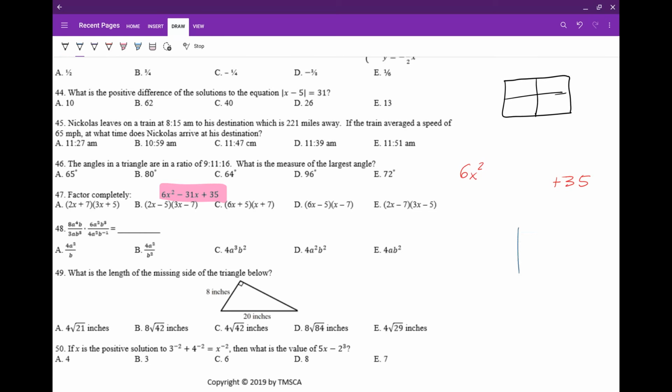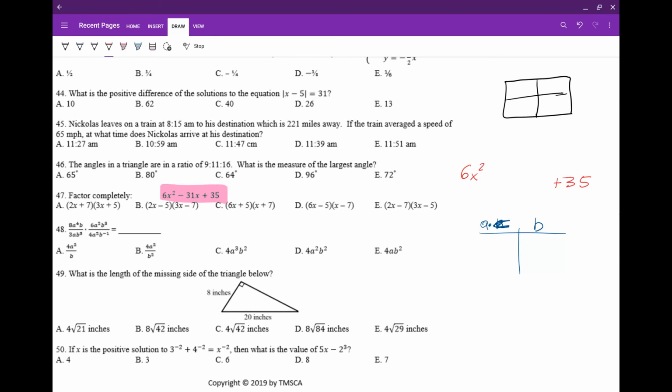So the way I solve it, I try to find factors of a times c that add up to b. So it's going to be factors of 35 times 6.